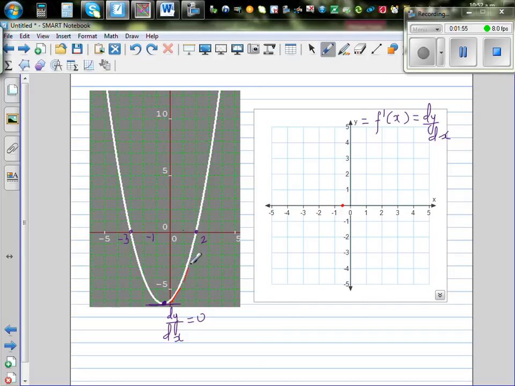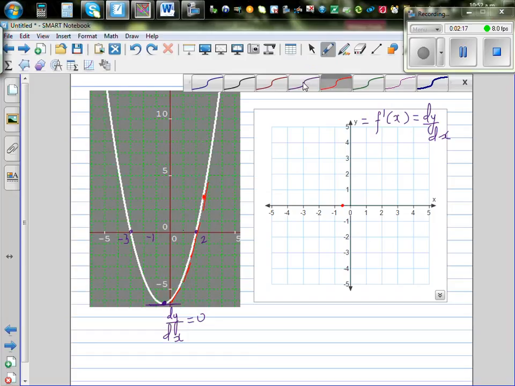The gradient is more positive, and it keeps increasing. At this point, the gradient is greater than at the previous point. So at this point it's 0, and from here it becomes positive and more positive, and so on.